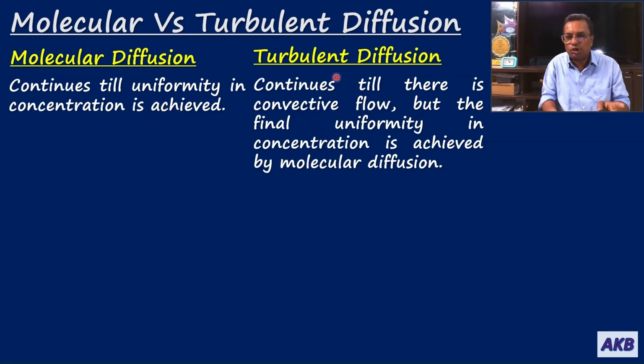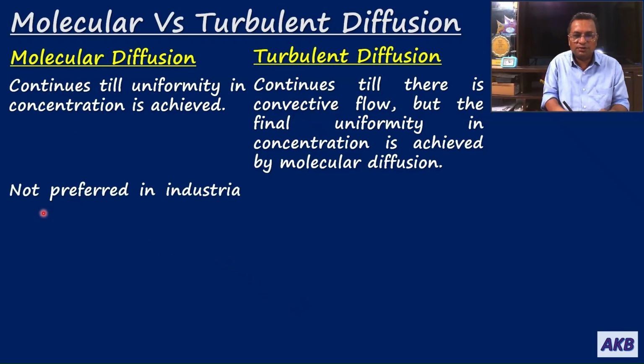So that means even when you have fluid under turbulent conditions, there will be predominantly mass transfer by turbulent diffusion, but the ultimate uniformity will always be achieved by molecular diffusion. I hope you are understanding the difference.